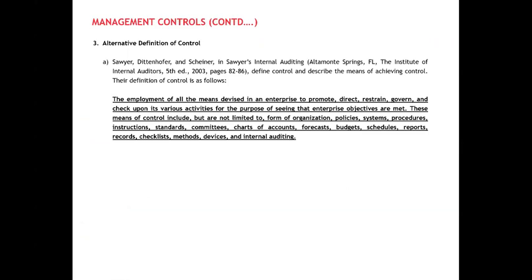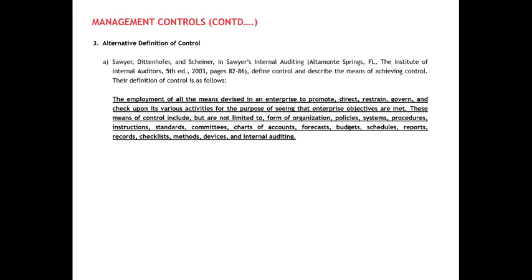See, the forms of internal policies, implementing policies, putting in a proper organizational structure, putting in systems, policies, procedures, instructions, circulars, standards, forming various committees, having a chart of accounts, having forecasting, budgeting, preparing schedules, reports, checklists, methods, even internal auditing is also a control, right?